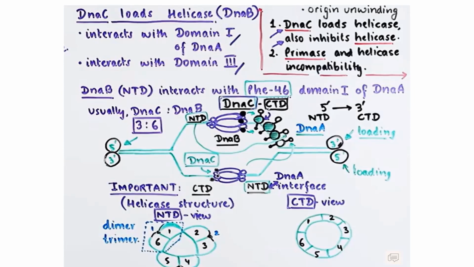The N-terminal domain of the helicase interacts with phenylalanine 46 in the DNA A domain 1. This is the same amino acid at which the DNA A was bound.